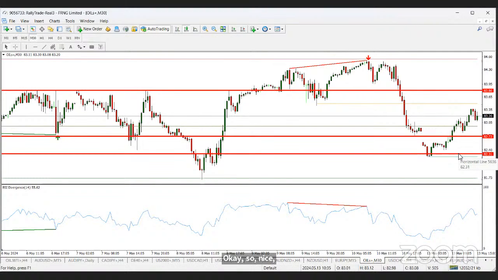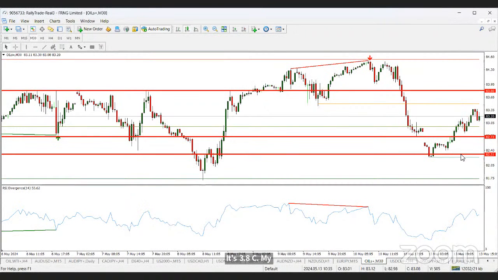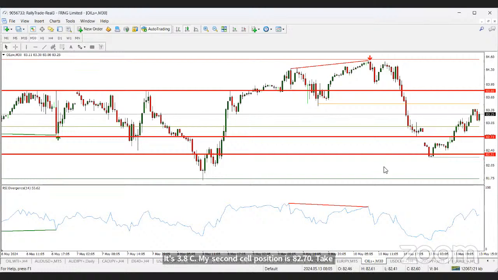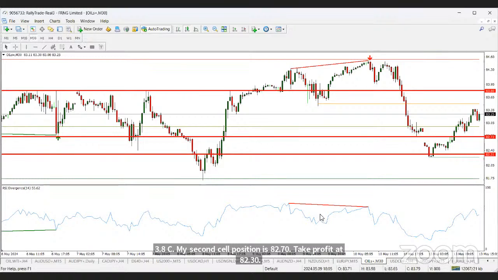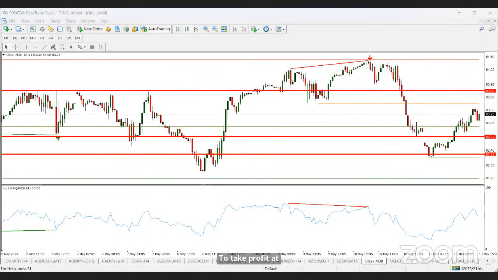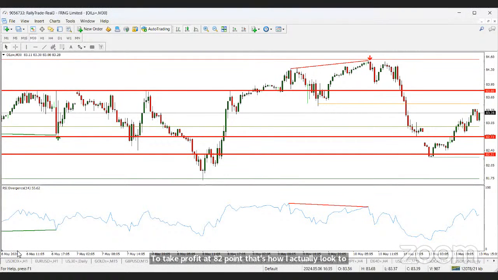My first sell position is from 83.80. My second sell position is 82.70, to take profit at 82.30. That's how I actually look to trade oil. And not oil WTI, just oil. Okay.